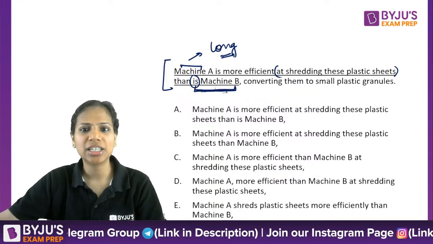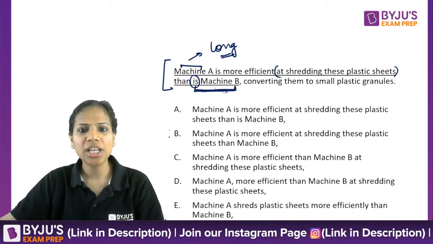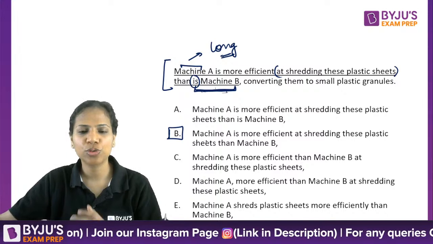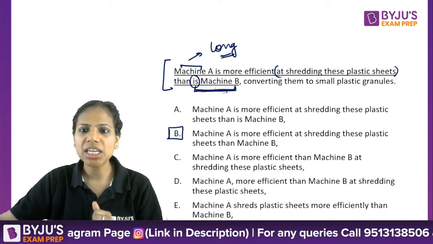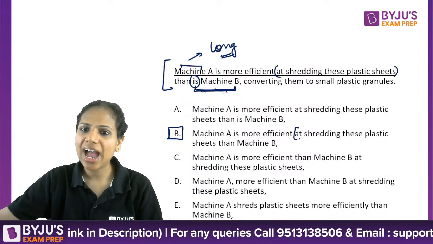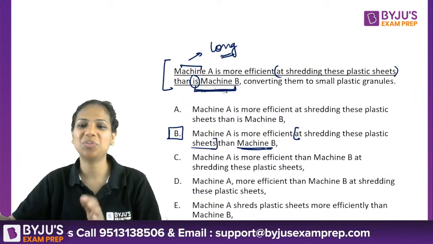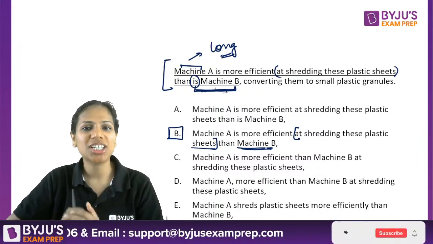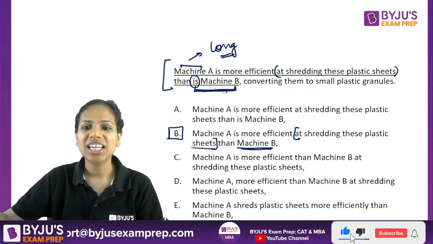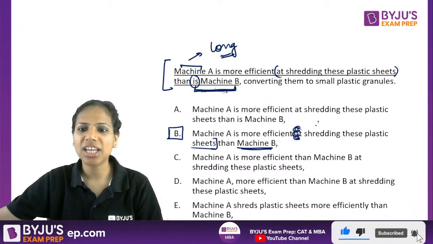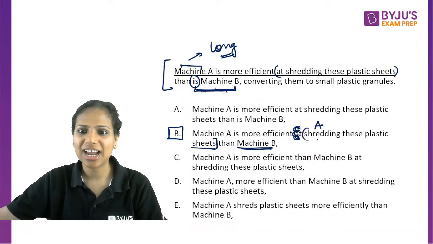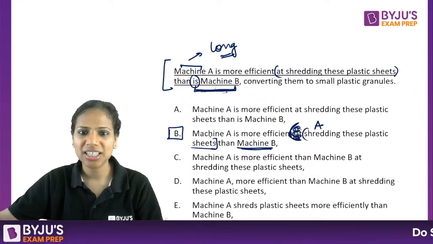It is unnecessarily long. Okay, now let's look at B, because quite a few of you have said this. Machine A is more efficient at shredding these plastic sheets than machine B. The impression that this sentence gives is that machine A is more efficient at doing this basically.